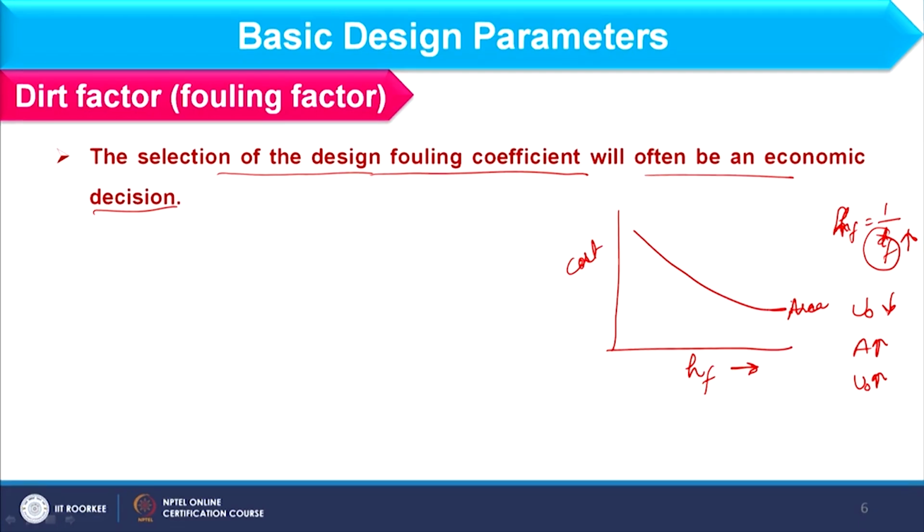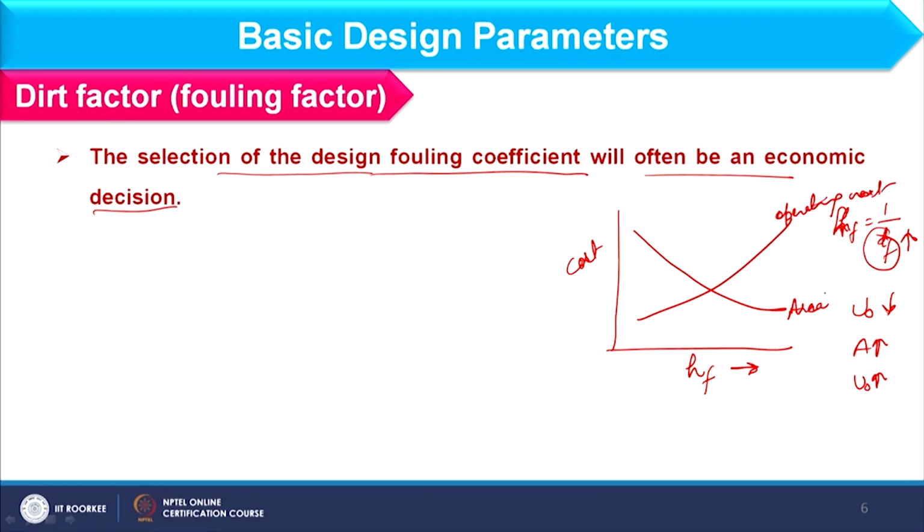It means maintenance cost will increase, or we can say the cycle time in which the cleaning of the exchanger should take place will decrease. Cycle time decrease means the maintenance cost will increase, or we can consider that the operating cost will increase.